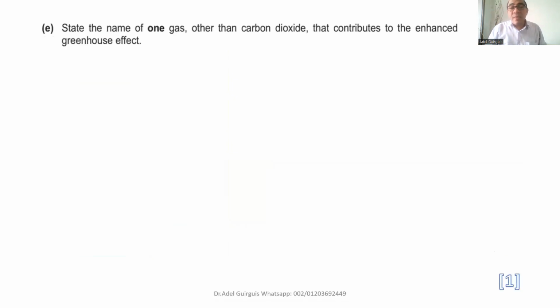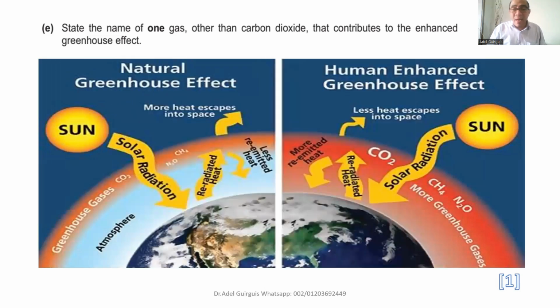Now, state the name of one gas other than carbon dioxide that contributes to the enhanced greenhouse effect. Here, natural greenhouse effect on the left. The thickness of greenhouse gases here is very little, very thin.